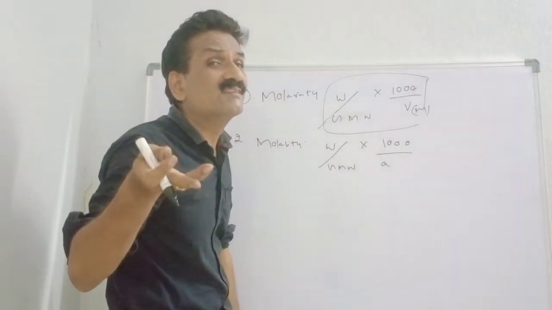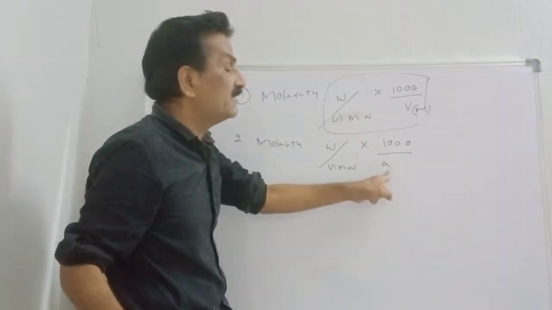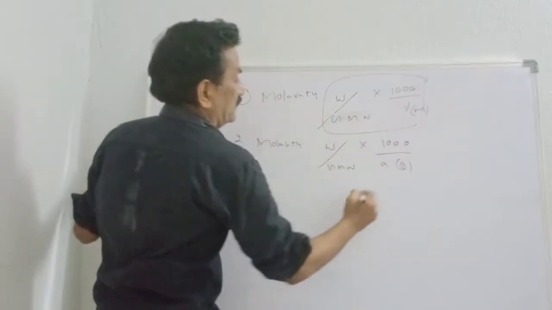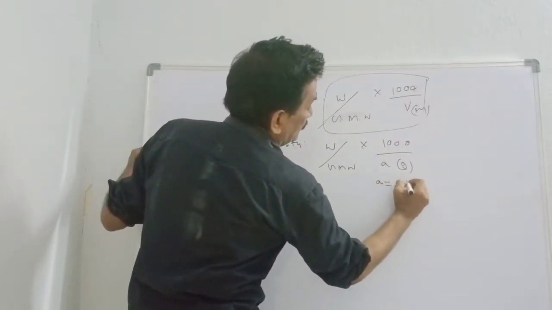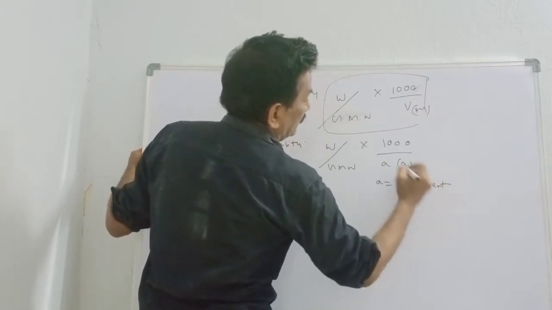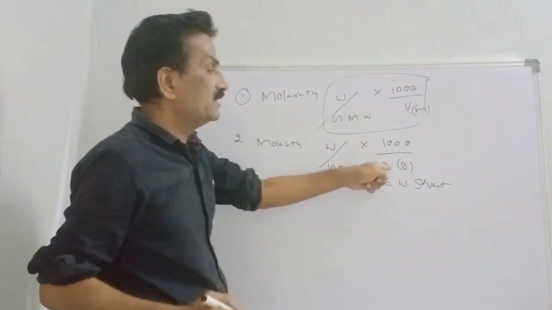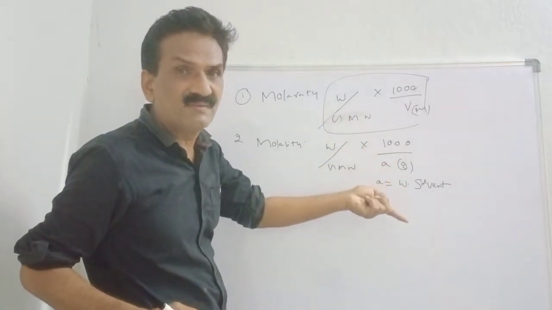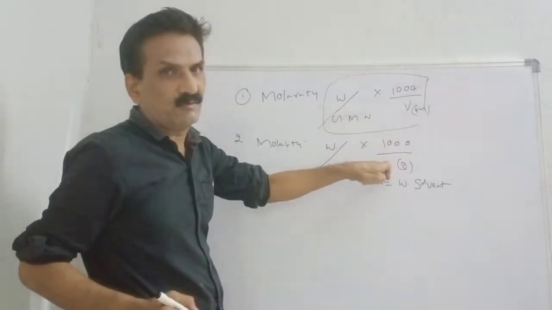Weight of the solvent. Actually it is in kg, but if they give grams, we take 1000 by A.